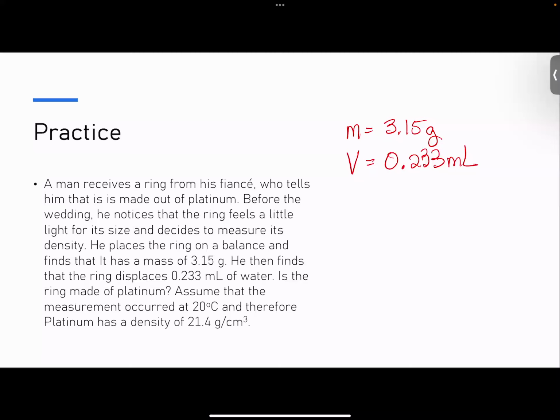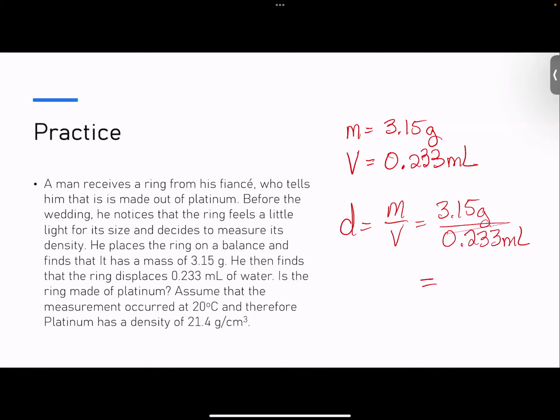Is the ring made of platinum? At 20 degrees Celsius, platinum has a density of 21.4 grams per centimeter cubed. So we take our density and we do mass divided by volume, which is going to be 3.15 grams divided by 0.233 milliliters.